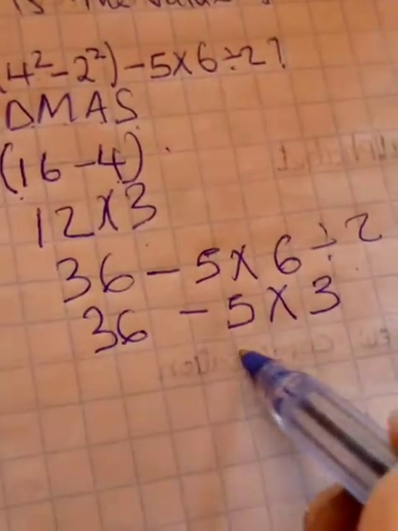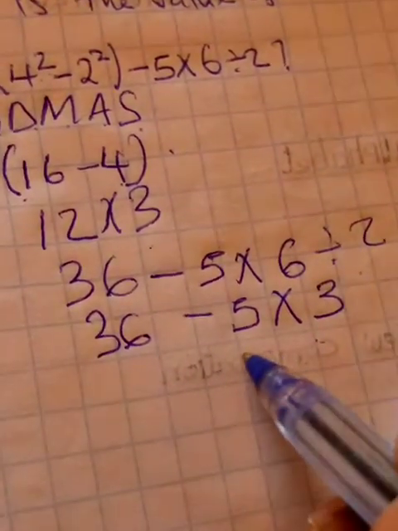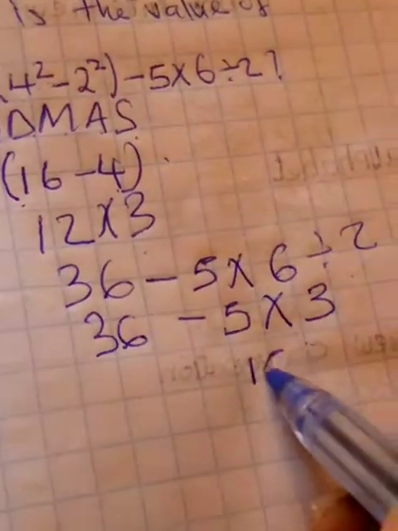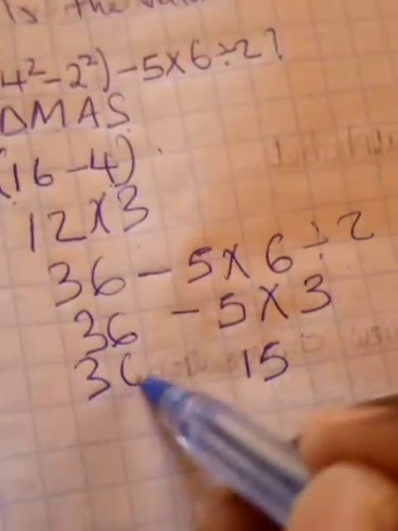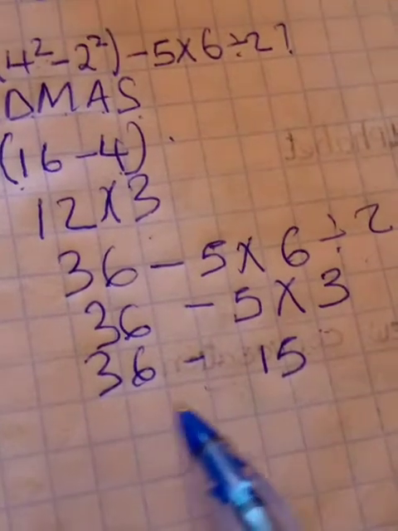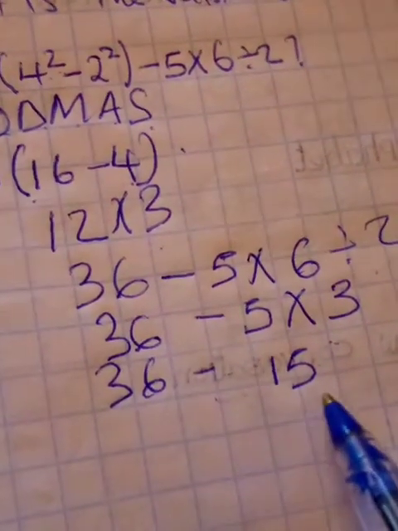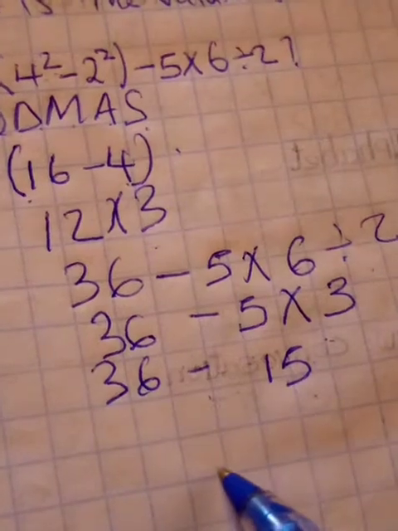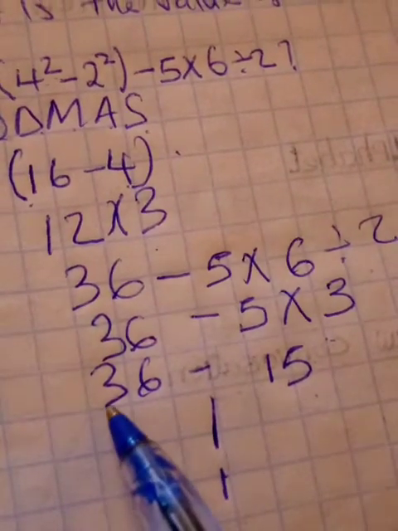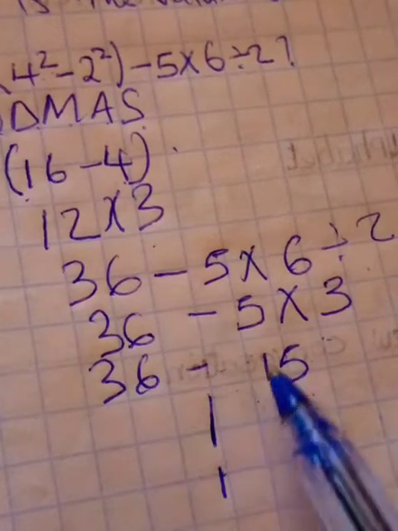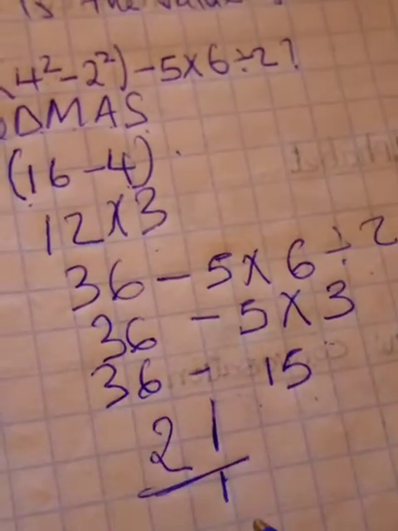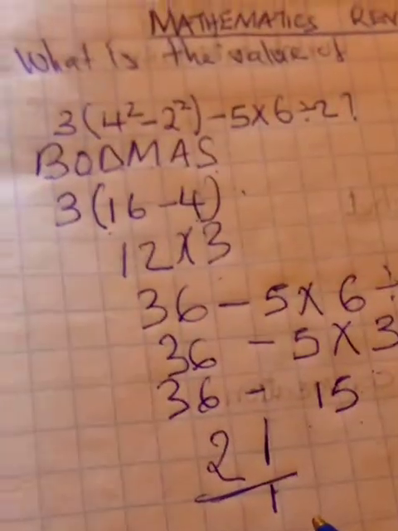So it is multiplication of 3 times 5 is 15. So 36 minus 15, we subtract 6 minus 5 is 1, and 3 minus 1 is 2. So we have 21 as our answer.